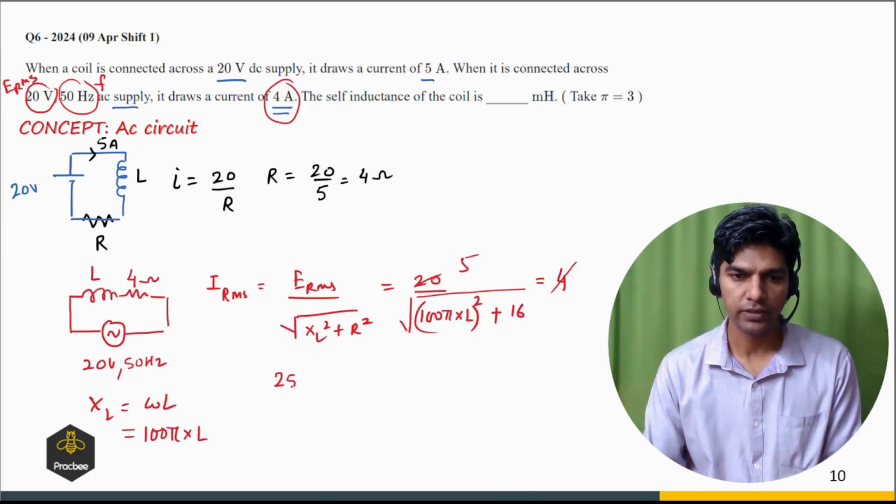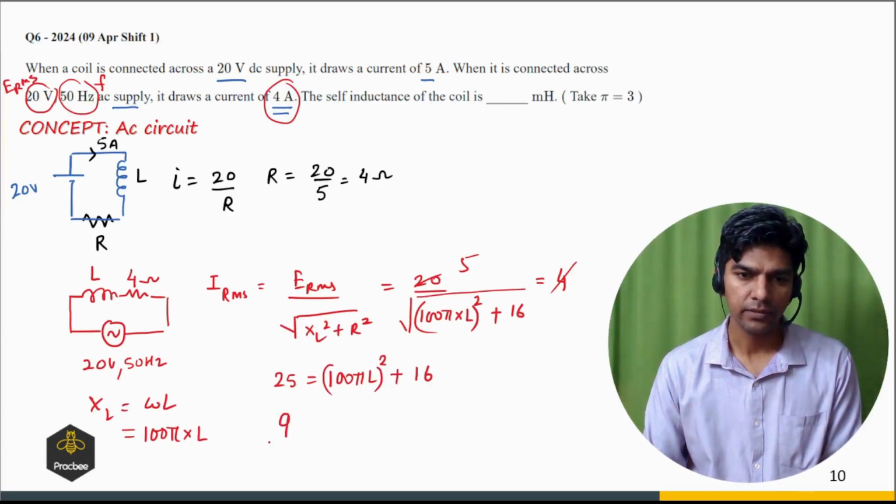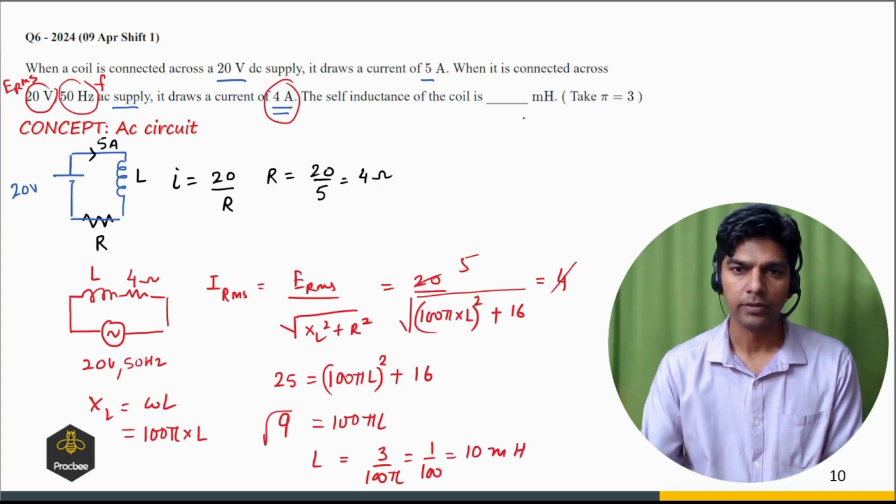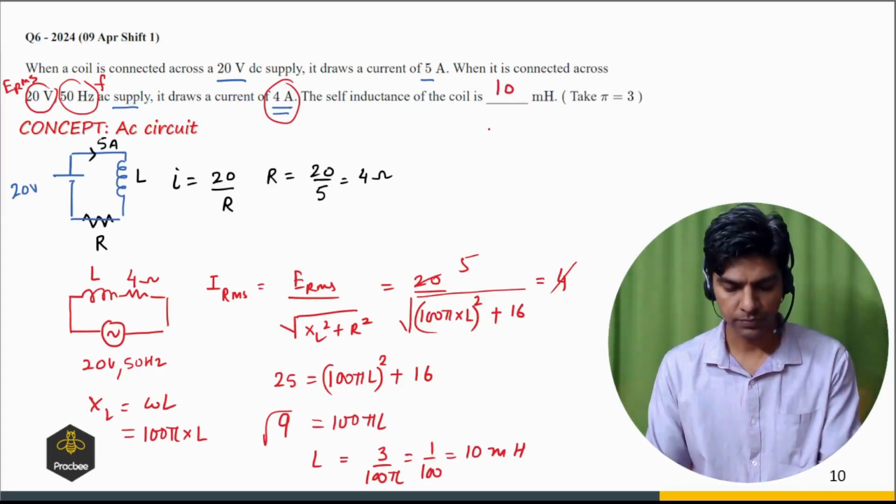So we'll get 25 equals (100 pi L) square plus 16. So this will give us 9. Root of 9 will be 100 pi L. So L comes out to be 3 upon 100 pi, and pi we have to take as 3. So this comes out to be 1 by 100, or I can write this as 10 millihenry. So 10 is the answer of this question.